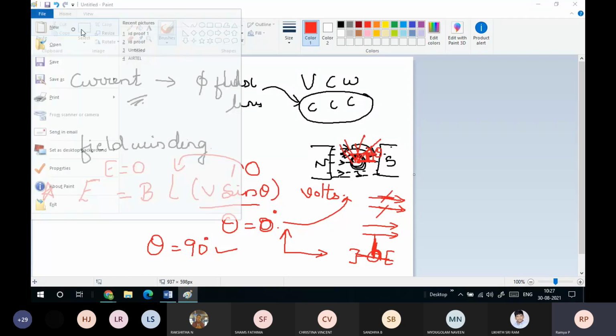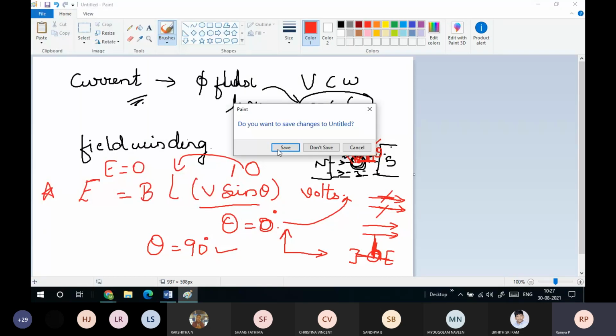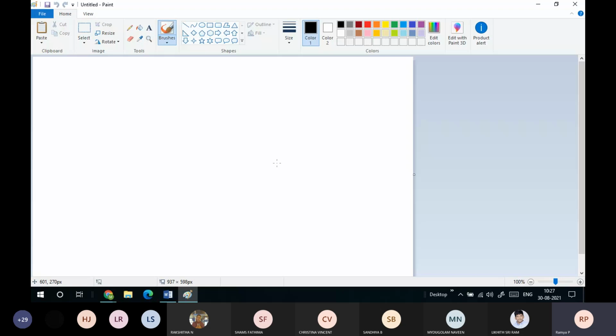One more small thing that I wanted to share with you here. Whenever we speak about this generator, just now I told you, I have one conductor, I have north pole, south pole, and the EMF is induced. In general, the basic nature of EMF induced in the DC generator will always be a pure sinusoidal wave.